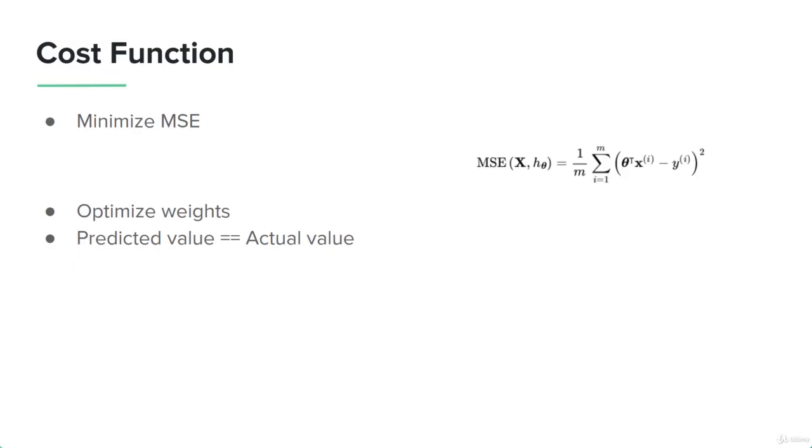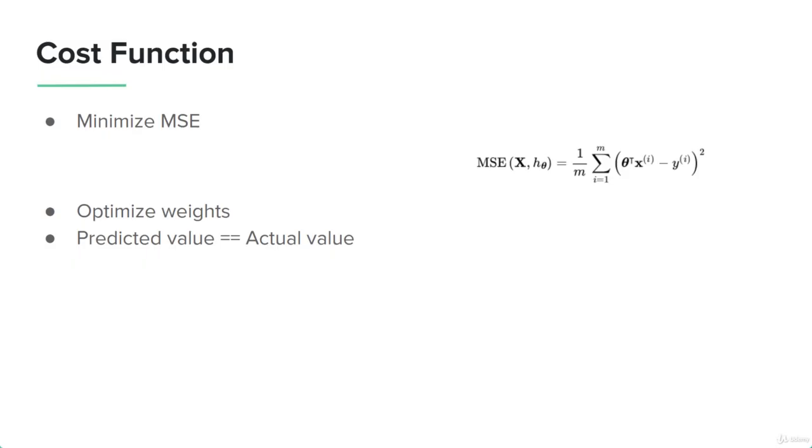You take the difference, continue the process with every other actual and predicted value, take the square, sum them together, and then divide by the total number of values we're going to divide by. So we're averaging the values. The m here represents the total number of rows or instances in the data set.